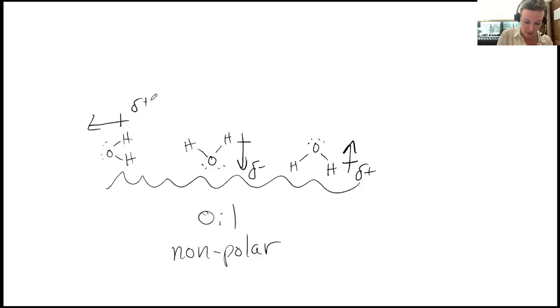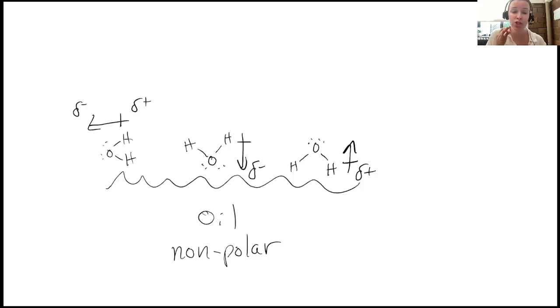Finally, you have the water molecule on the left. Neither the partial positive nor the partial negative are directly pointing to the oil. So we don't have that charge interacting with a non-polar thing. They're kind of both slightly more away from the oil.